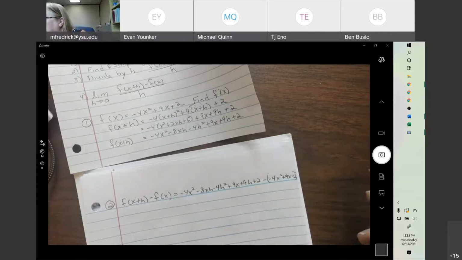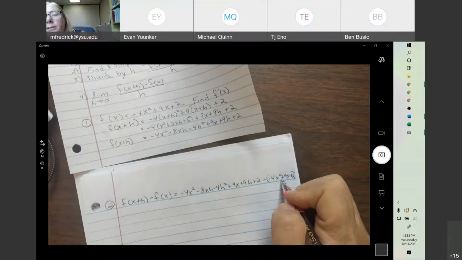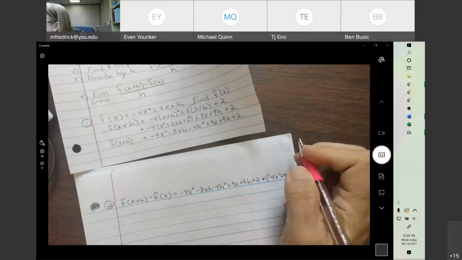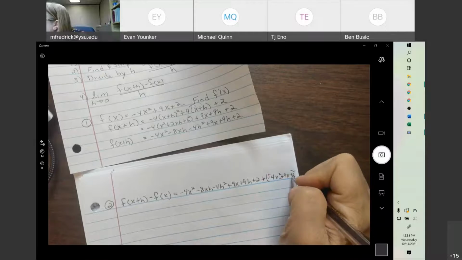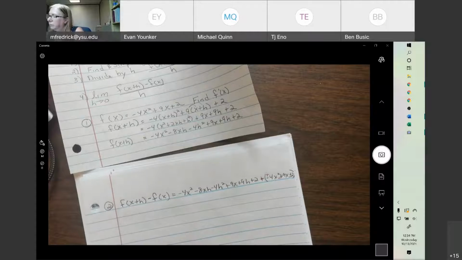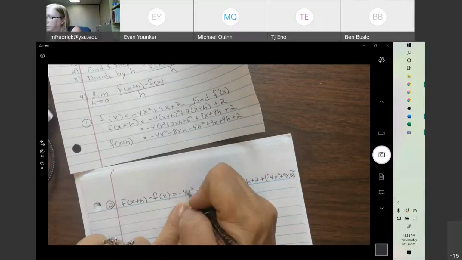Now, instead of having to rewrite again, I'm going to distribute this negative. It changes these signs. So if I make this a plus, this becomes a plus, this one's a minus, and this one's a minus. Everything in that parenthesis needs to cancel. If it doesn't cancel, you did something wrong somewhere. Notice that positive 4x squared and a negative 4x squared, they cancel.